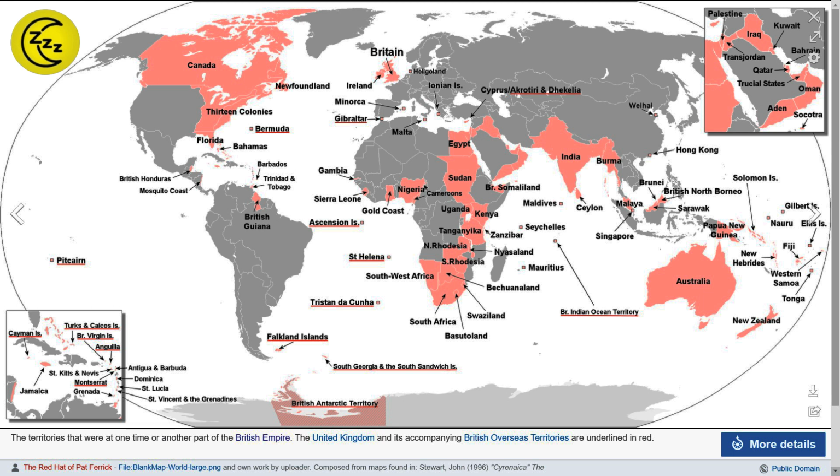This select group of nations within the empire, with substantial European populations and long experience of British forms and practices, was often referred to as the British Commonwealth.